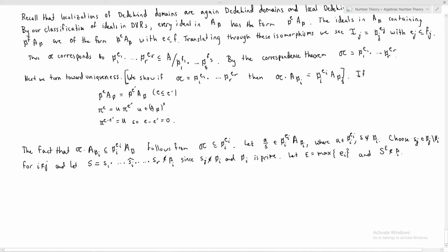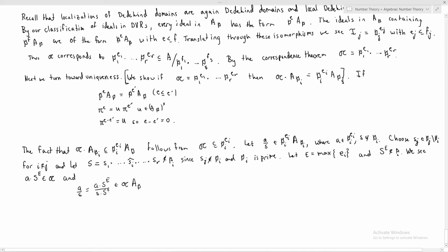Since A is an ideal, there's mathfrak A. A over S equals A times S to the E over S times S to the E, and this is in A.